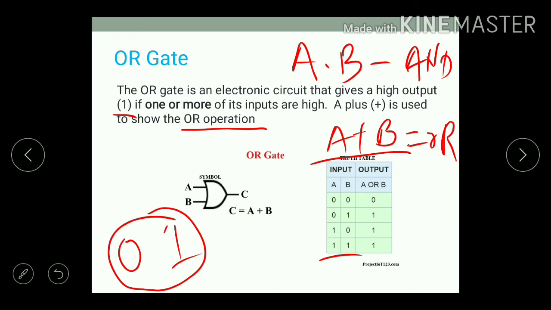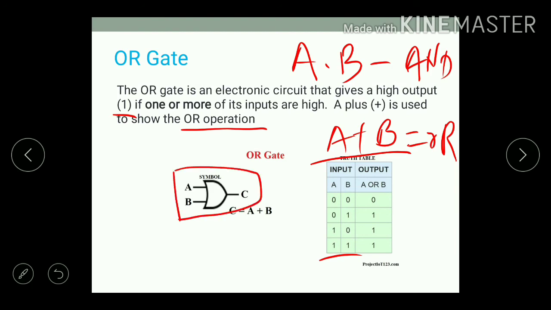Here, this is the symbolic representation for the OR gate. If we see here, the AND gate is shown like that, then the OR gate is shown like that. This is the difference in the symbolic representation.